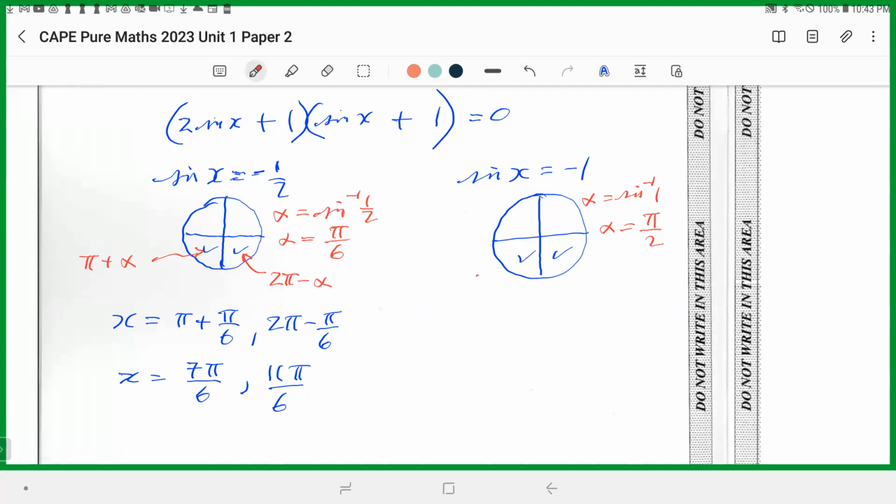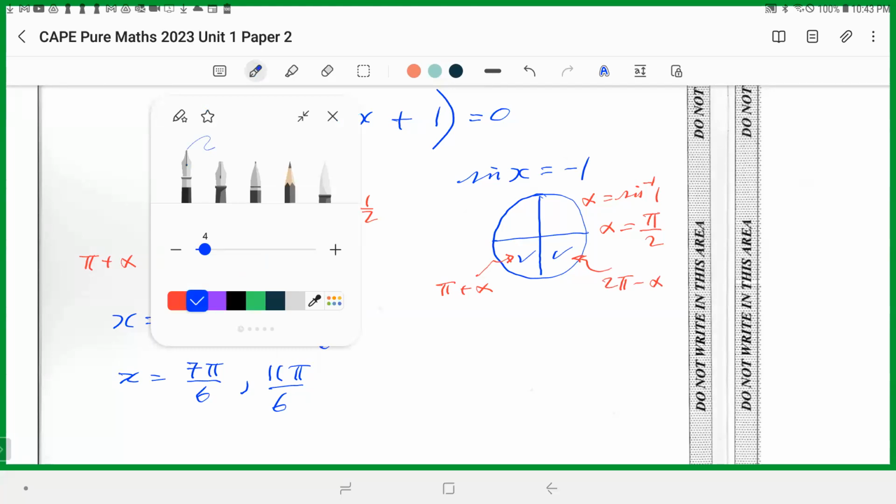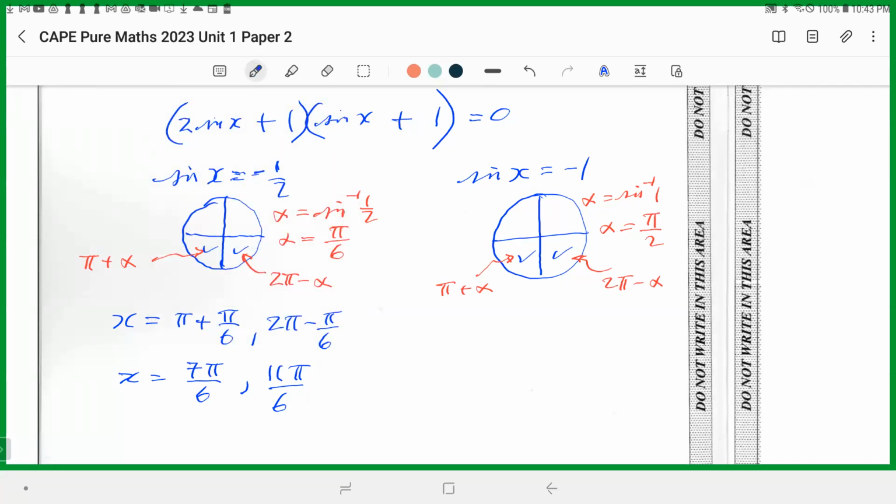So one equivalent of pi by 2 here and an equivalent of pi by 2 there are going to work out to the same thing, because pi plus alpha is going to be the same as 2 pi minus alpha. So the angle is just going to be the same thing. All right, let's write it.